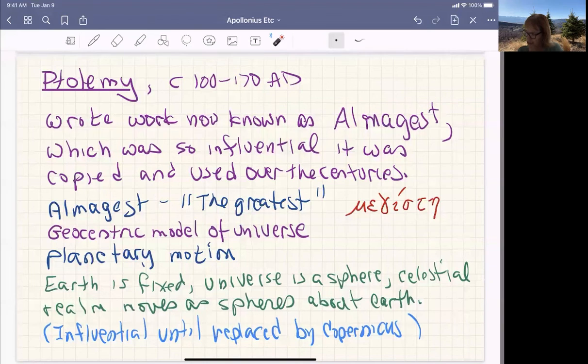And so basically his view is that Earth is fixed, the universe is a sphere, and basically the celestial realm moves in spheres about the Earth. So this work was very influential up until fairly modern times, until it was replaced by the work of Copernicus.